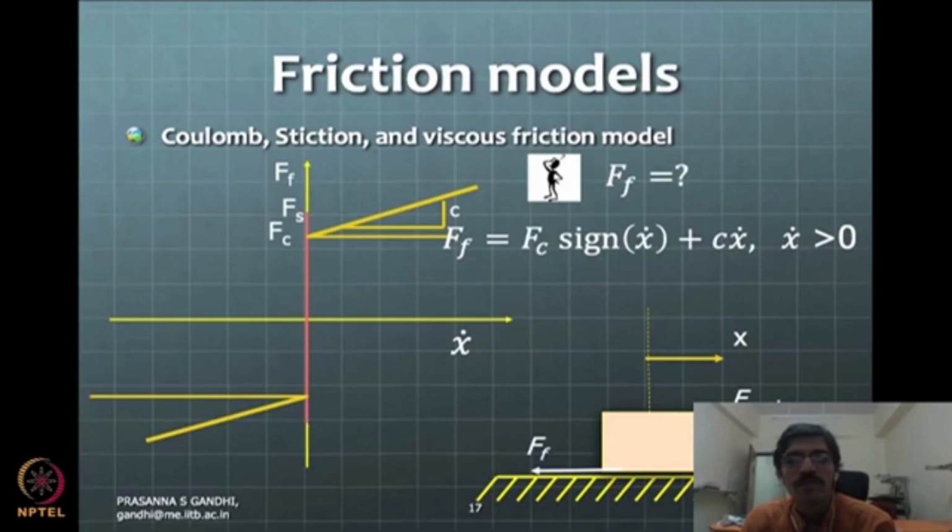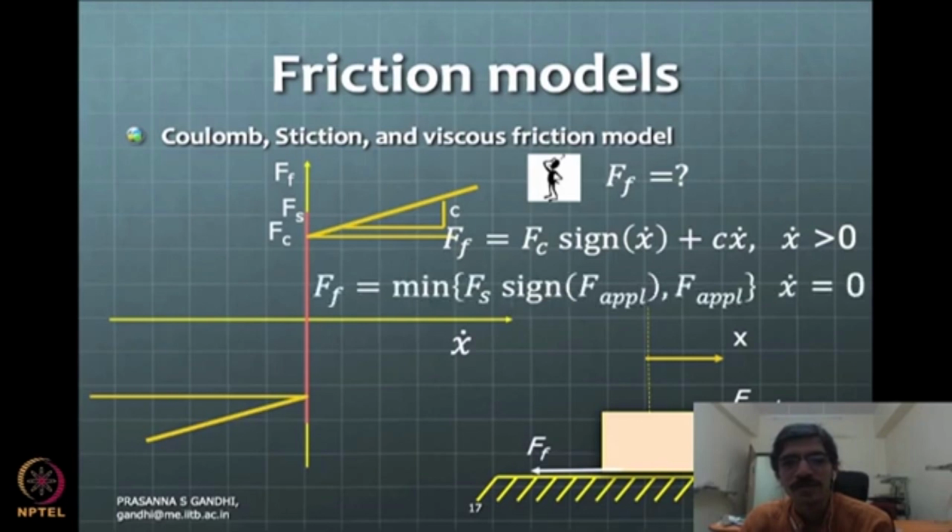How do you consider that? What kind of thing can you use? Think about this again, and then you'll see it. What you need to do is take F applied now. The system is not moving, but you are applying force.